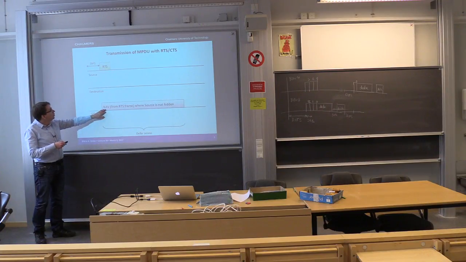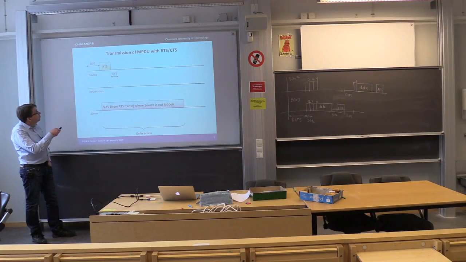However, everybody who can listen to this RTS frame can see its duration field and set the NAV counter equal to that duration. This can be done for all those nodes who can listen to the source node. That might not be everyone, or rather, it will not be everyone. But those who can will do this.